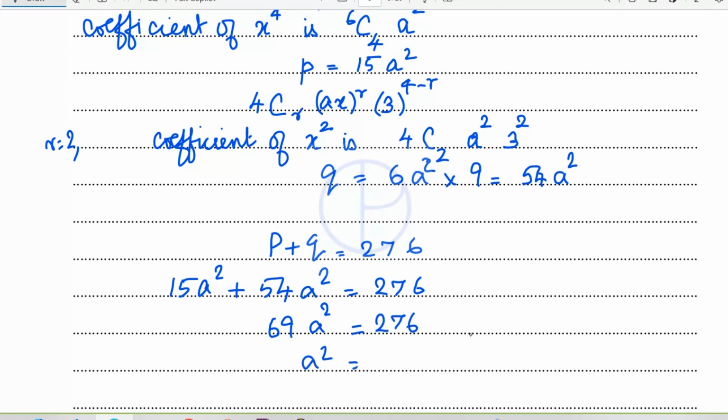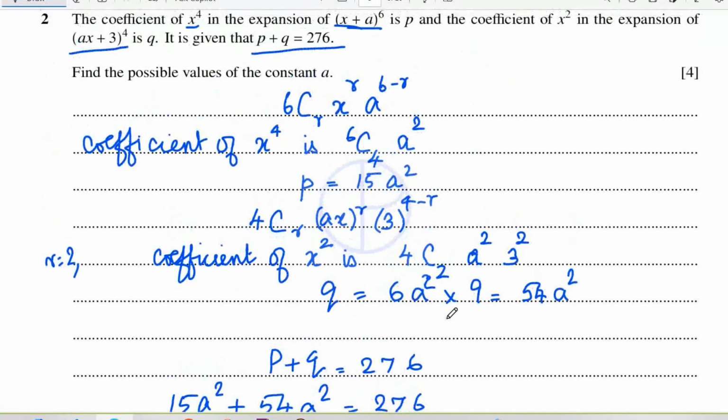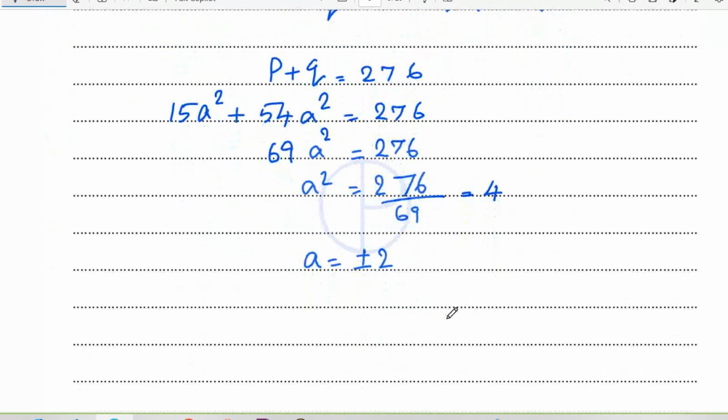So a square is equal to 276 divided by 69, which is equal to 4. So a is equal to plus or minus 2. So the possible values of a are plus 2 and minus 2.